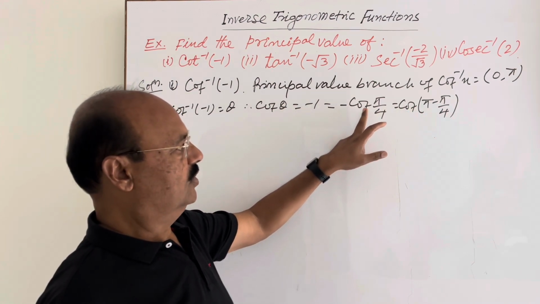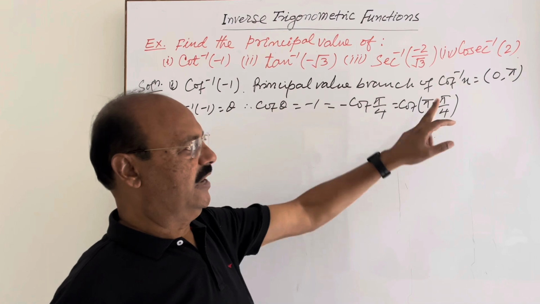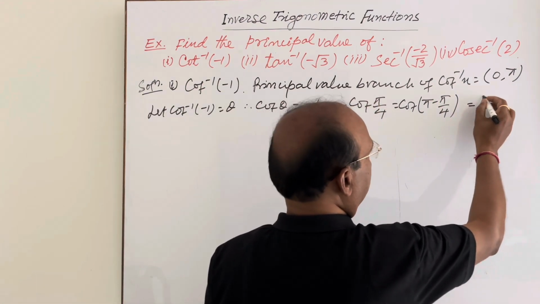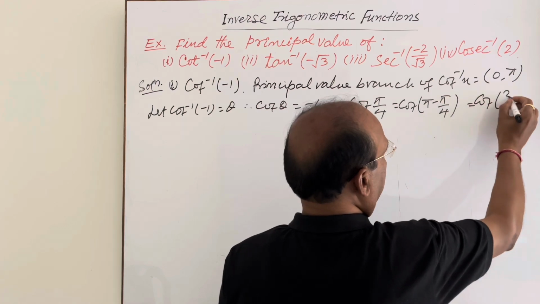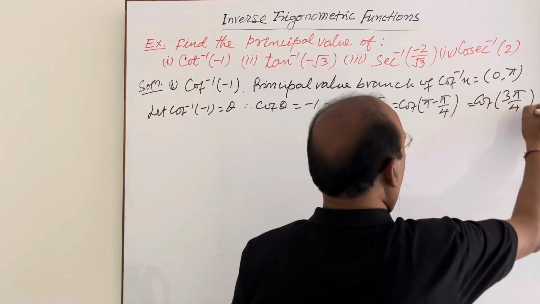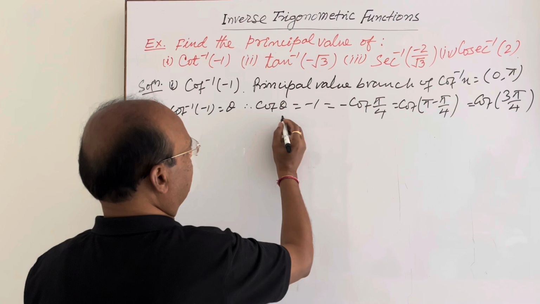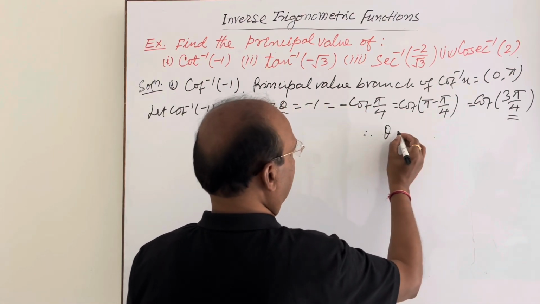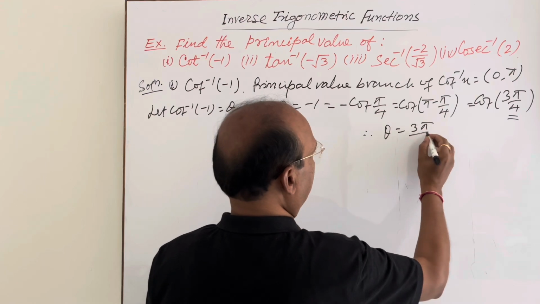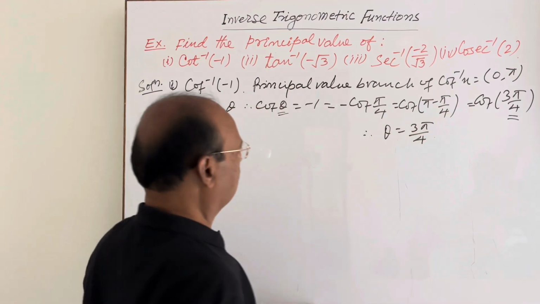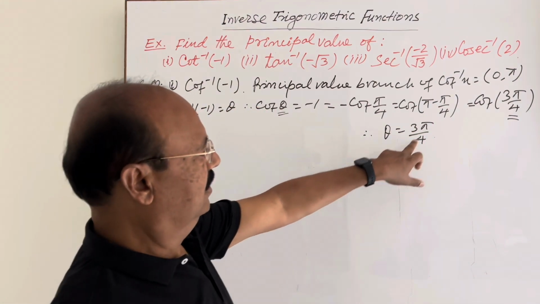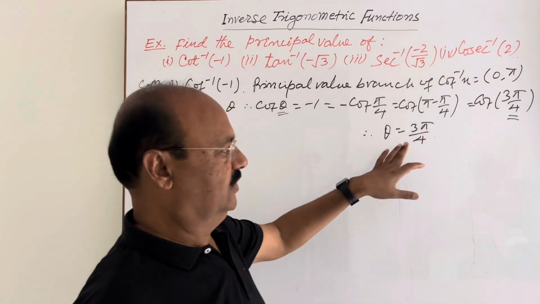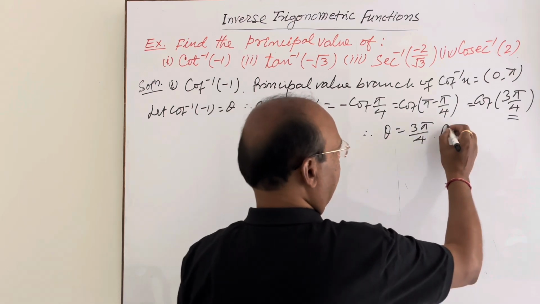So this is cot of 3 pi by 4. Comparing, we get theta is equal to 3 pi by 4. You check that this value lies in the principal value branch 0 to pi, which is correct. So this is the answer here.